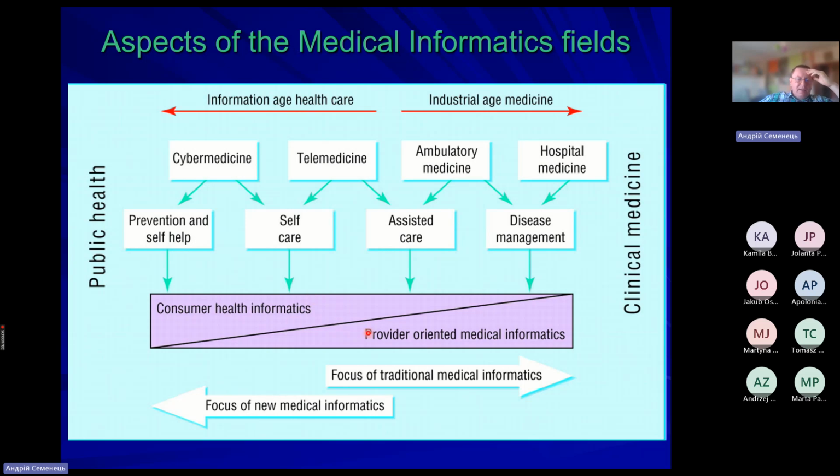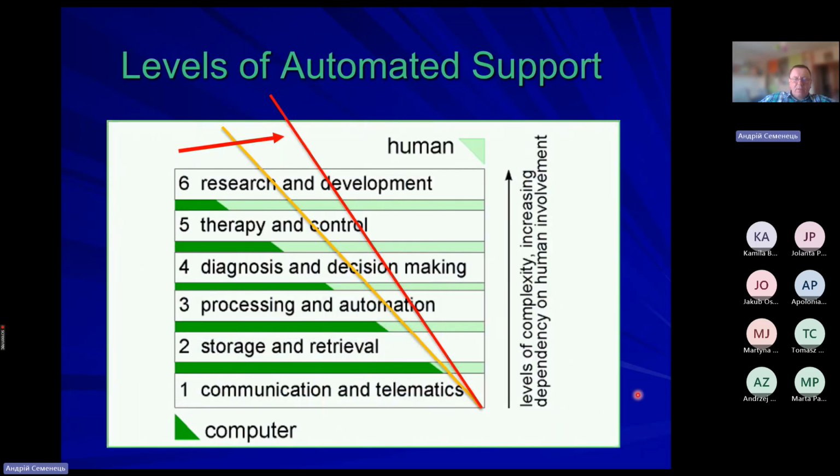Again, this area became extremely important and has been actively developed since the COVID pandemic. Before it, we were talking about traditional medical informatics, which is related to industrial age medicine and orientation toward providers, and so on.